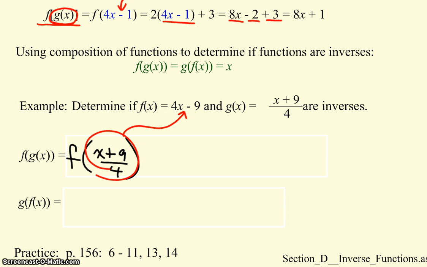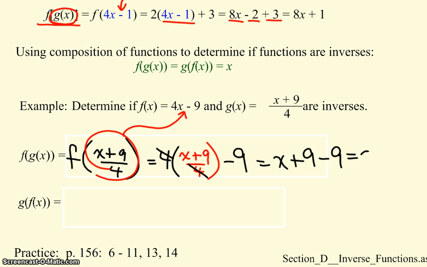So when I substitute that in, I get 4, and now I'm going to fill in the x plus 9 over 4, and then I have minus 9. Now when I do this work, the 4's will cancel. I get x plus 9 minus 9, which is x. That means that it's still possible for these two things to be inverses because I got x for the answer.